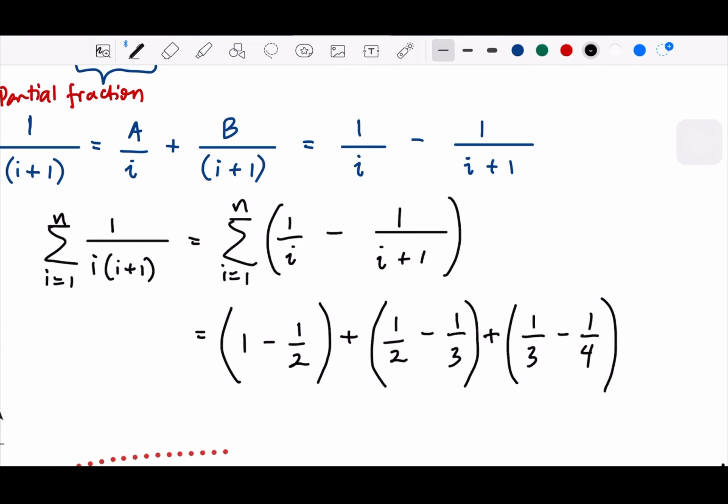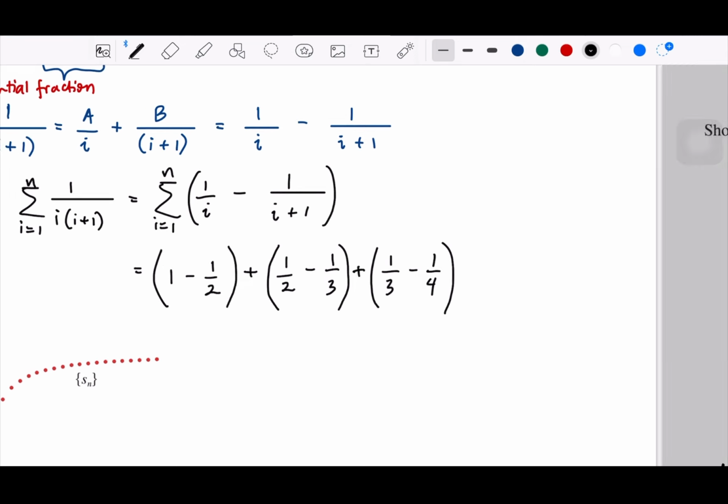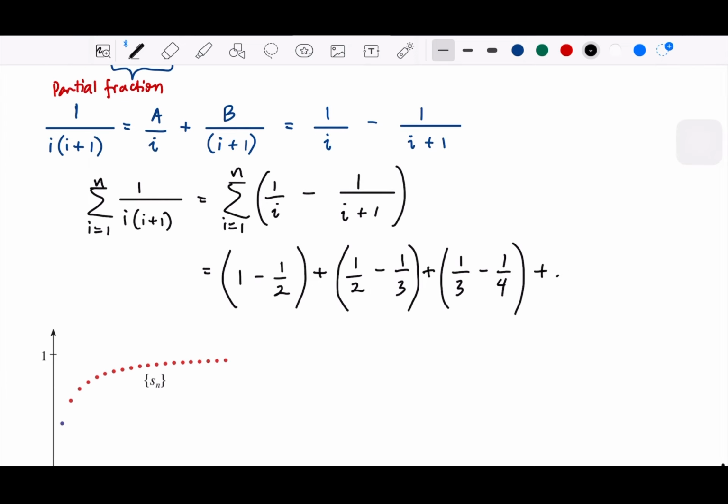So at the end of the day, we're going to have plus 1 over n minus 1 over n minus 1, and all the terms in between will be cancelling out. So this negative half plus half, 1 over 3, and 1 over 4 somewhere in the middle. And of course, this will be also cancelling.